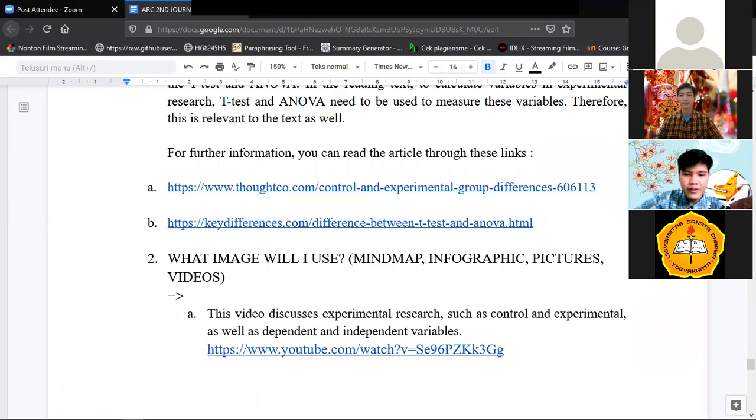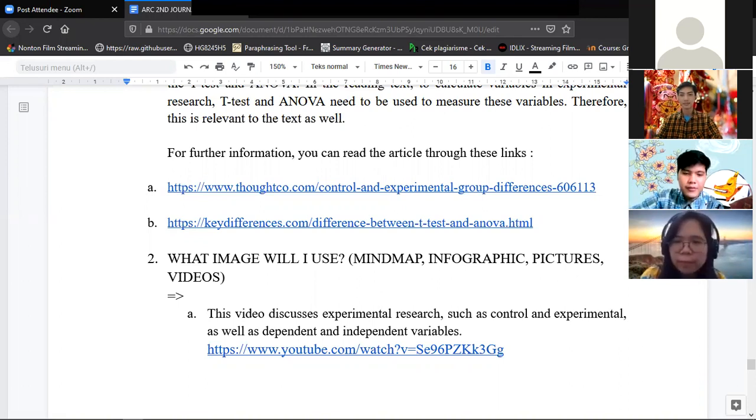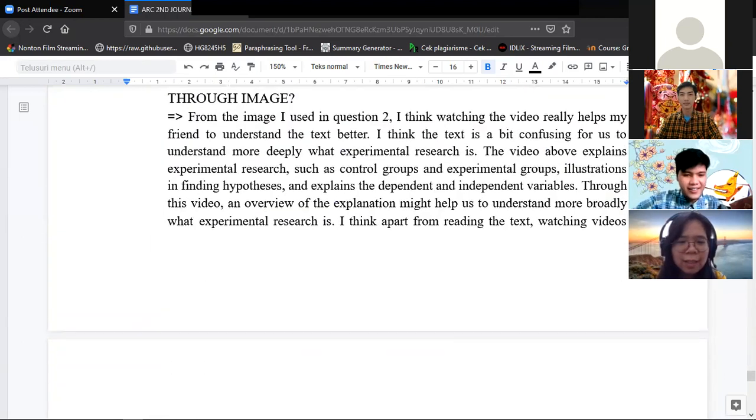This video discusses experimental research such as the design and then control and experimental, as well as explanation about dependent and independent variables. So why I use videos, because it is easier for us to understand with illustration, because from the text it is kind of difficult. So from the video there is illustration, so it can be useful for us to understand the text better. Okay, that's all maybe.